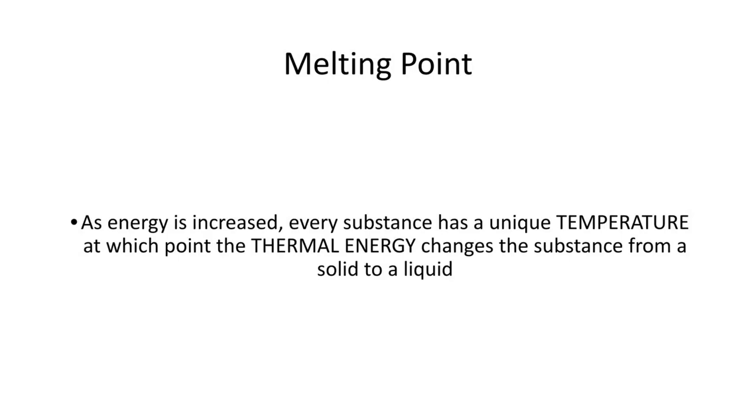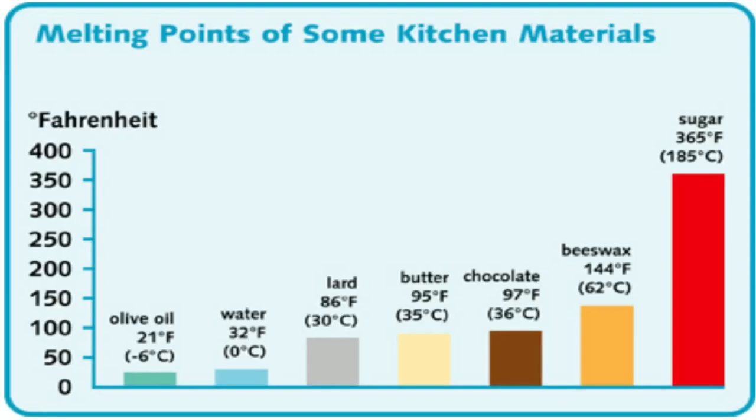So as energy is increased, every substance has a unique temperature, and I'm choosing that word carefully, at which point the thermal energy changes the substance from a solid to a liquid. It's not temperature that changes the substance, it's the thermal energy that changes the substance from solid to a liquid.